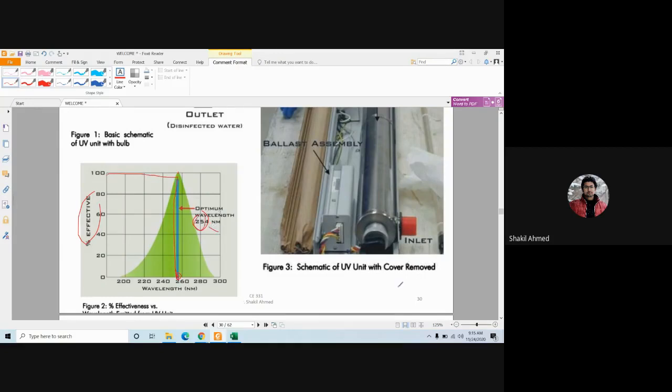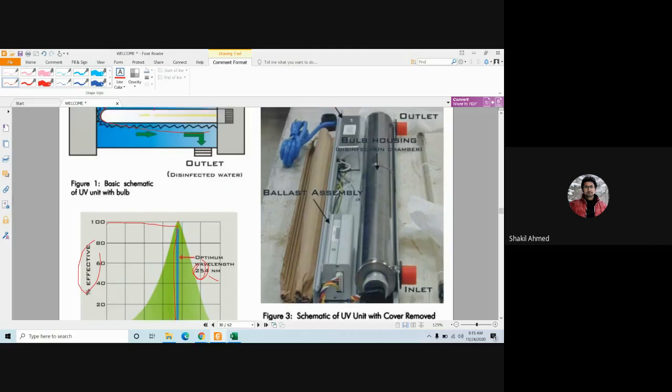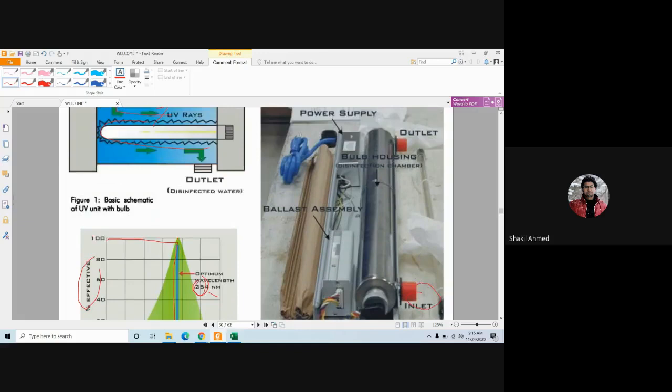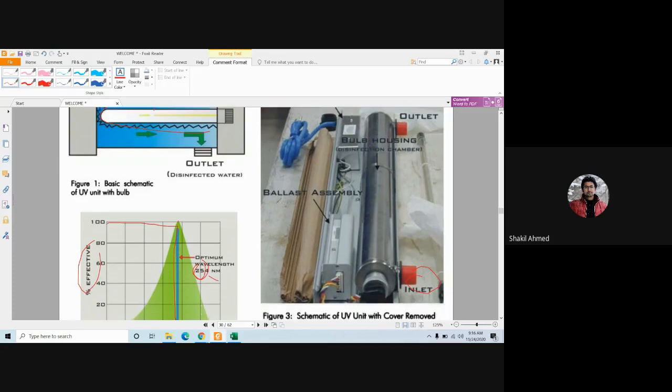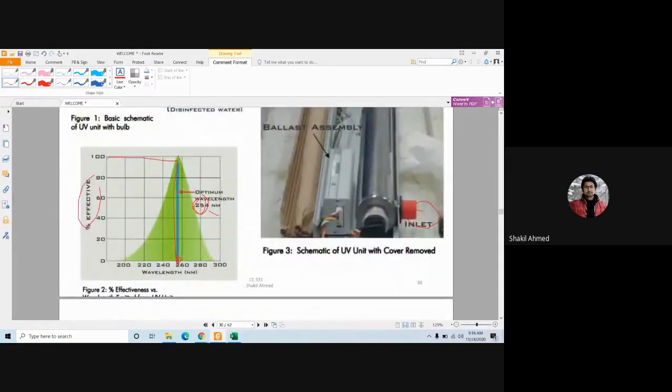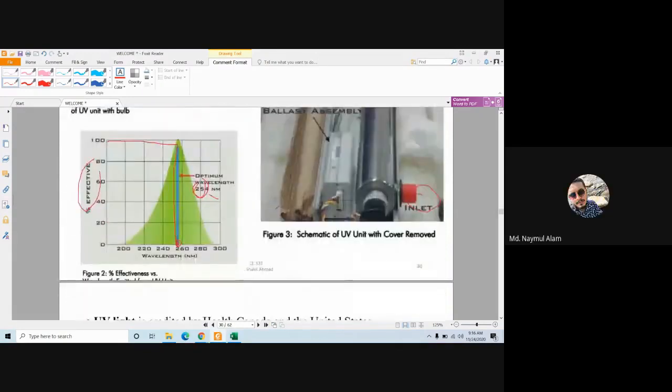And this is a schematic of the UV unit with cover removed. You can see the inlet here. Water passes through this and is in contact with the ultraviolet ray, which kills the pathogens. Any questions, guys? No, sir.